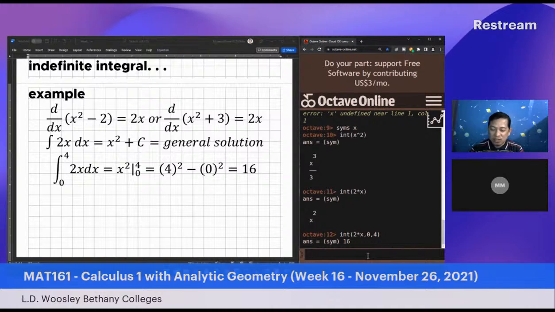Okay, so that's the introduction to antiderivative. It comes from the derivative. Of course, these are reciprocal. Actually, these are independent mathematical disciplines. It is not really that derivative comes first and then integration.